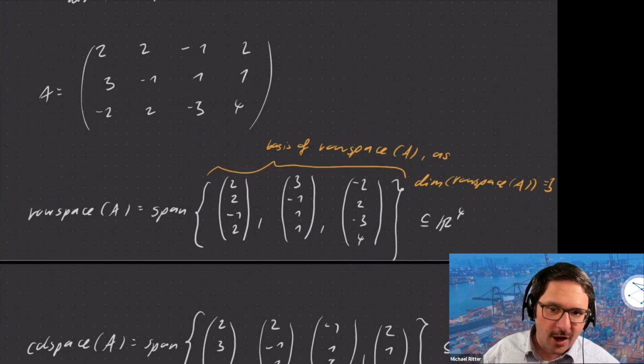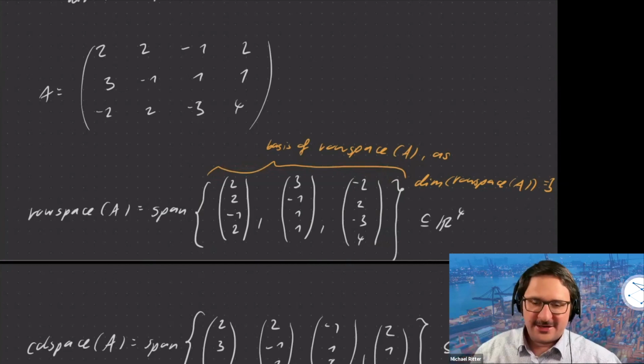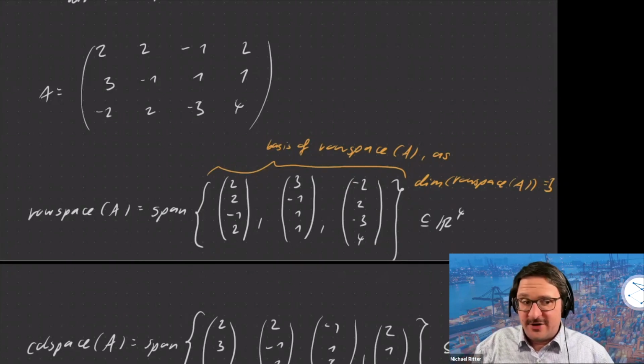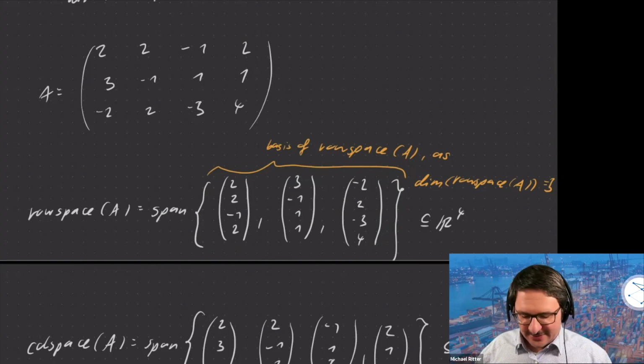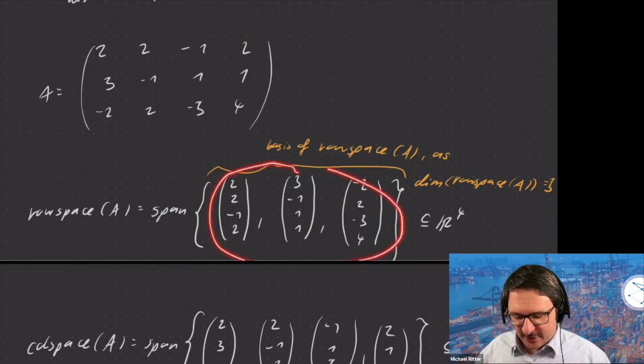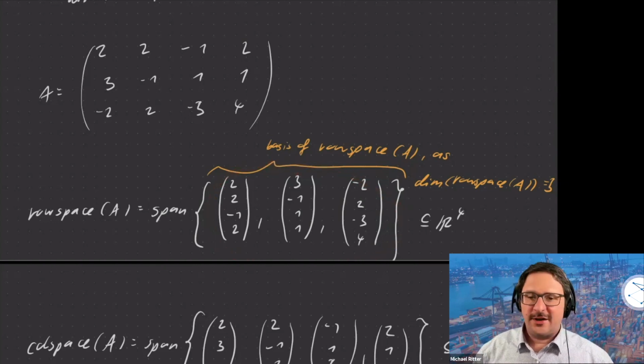Because if they were not, I could remove one and still have the same space generated by just 2 vectors. And that cannot be the case, because dimension 3 means I need to have 3 elements in each basis. Right? So I can't have a smaller generator than that. That's the smallest possible generator already, and thus it needs to be linearly independent. I don't have to prove that anymore.